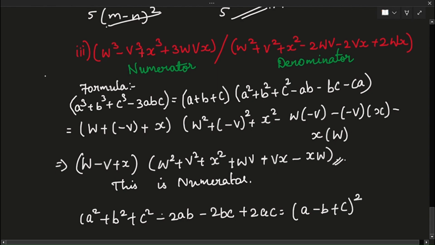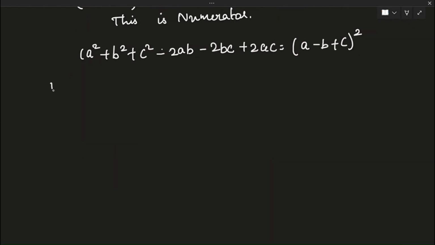Okay, here this is our question: w square plus v square plus x square minus 2vx plus 2wx. Okay, so let's see how we will simplify this one.